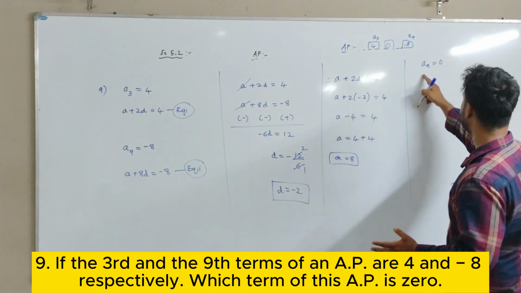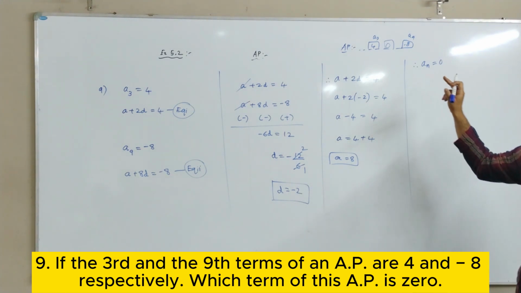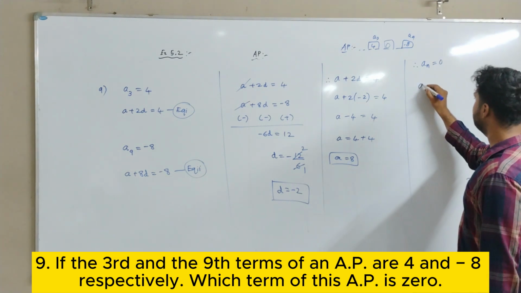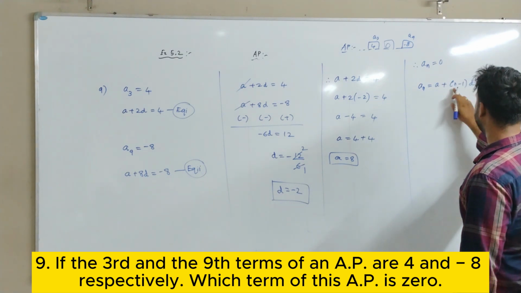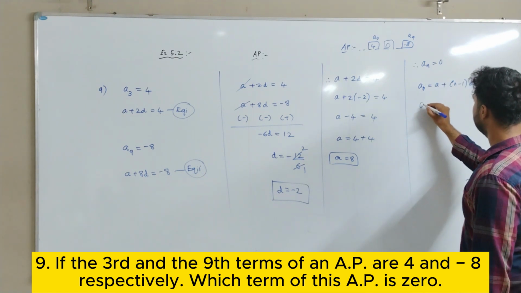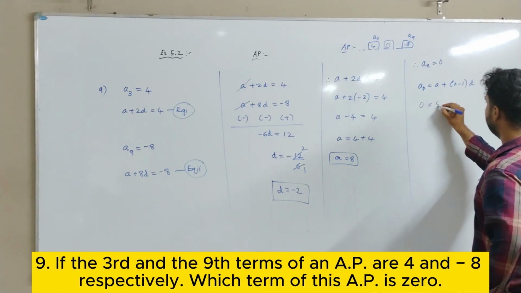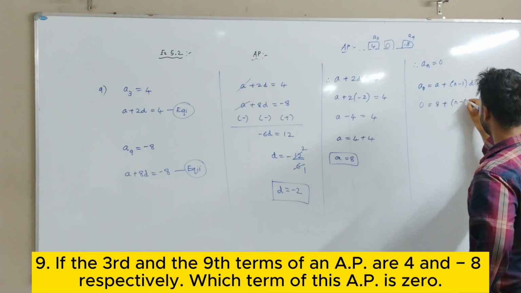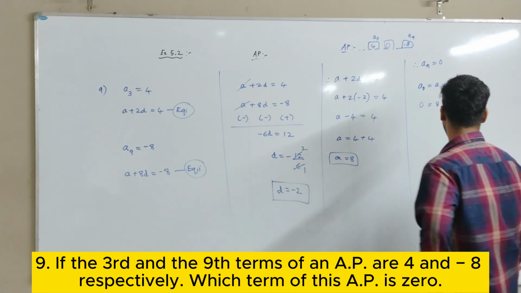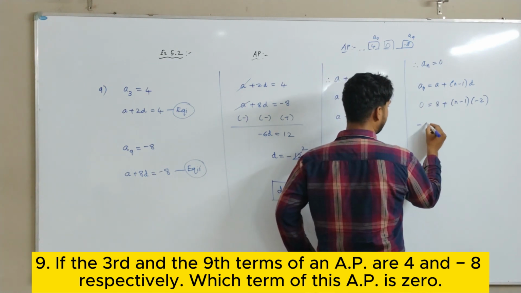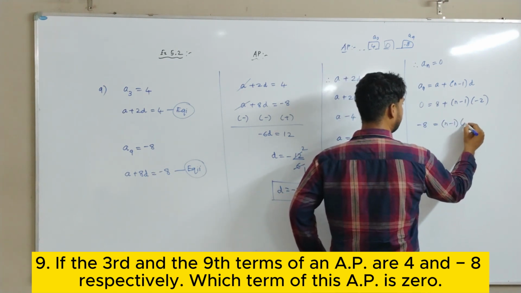So I will take An is equal to 0, and I should find N, the term number. An is equal to A plus N minus 1 times D. I am finding N. An is 0, A is 8, plus N minus 1, D is minus 2. I will send 8 to this side. It becomes minus 8 is equal to N minus 1 times minus 2.